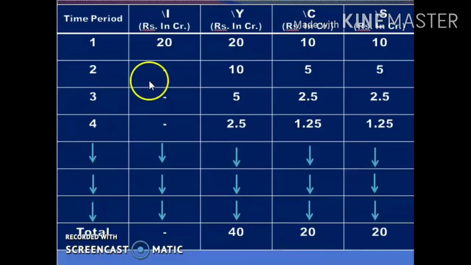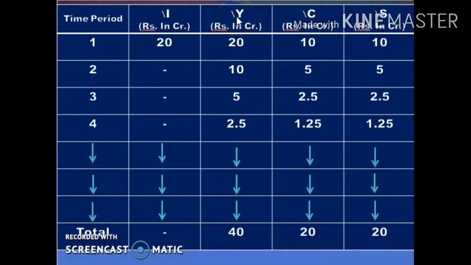So you can see the investment is constant at 20. Then income is given in the question as 20, since investment results in income, you know that. Then consumption: how did it come?